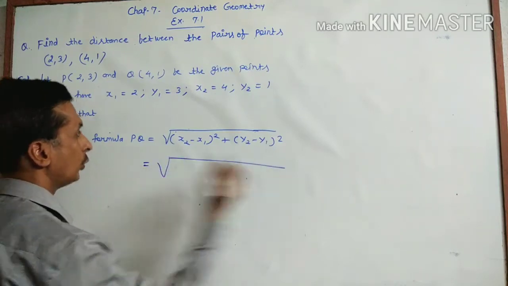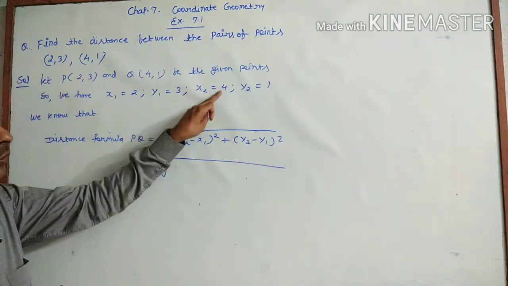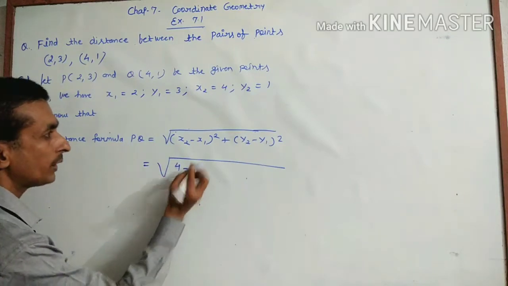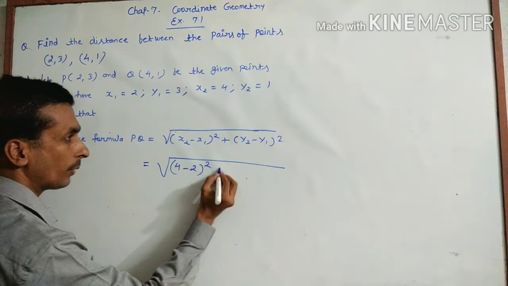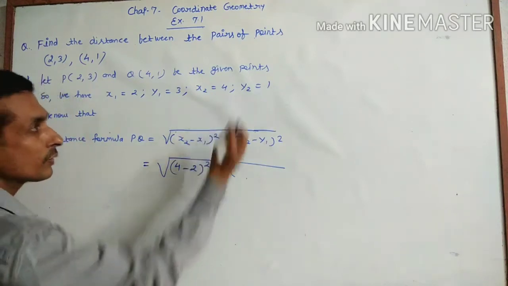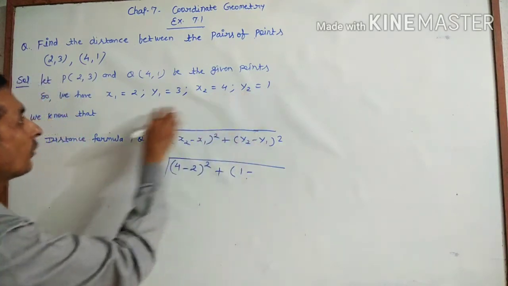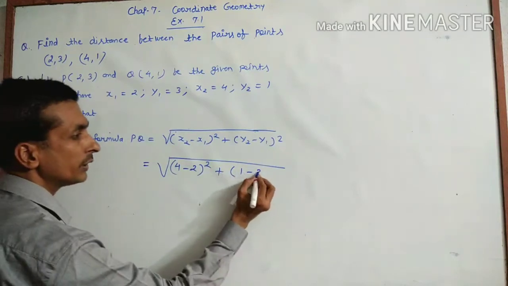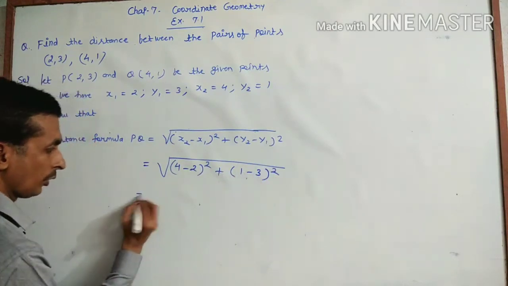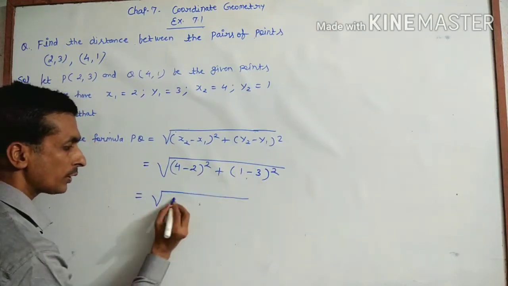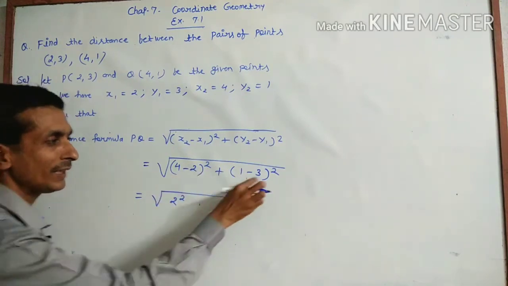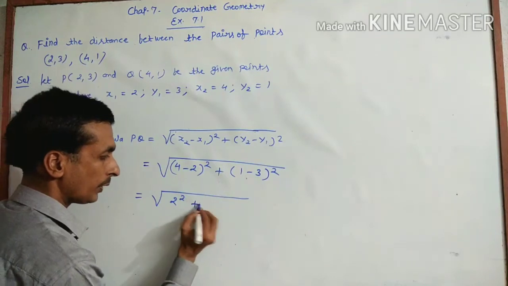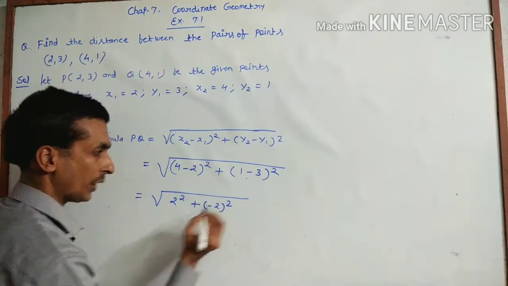Value of x2, how much? x2 equals 4, minus x1 value which is 2, so 4 minus 2 whole square, plus value of y2 which is 1, minus y1 value which is 3, whole square. 4 minus 2 is 2 square, and 1 minus 3 is minus 2, so you can write plus minus 2 whole square.